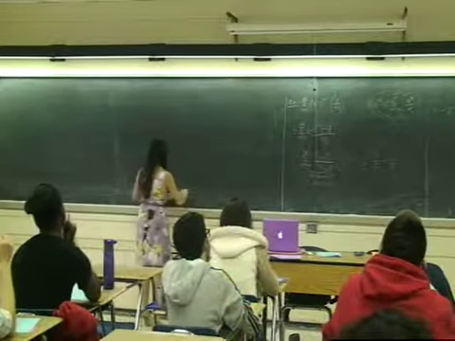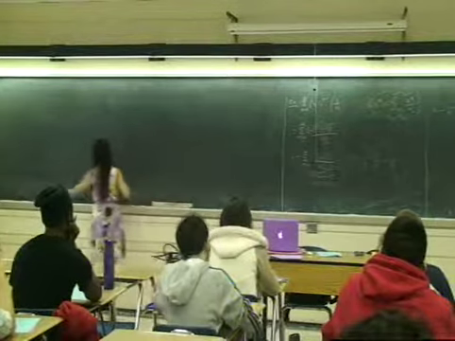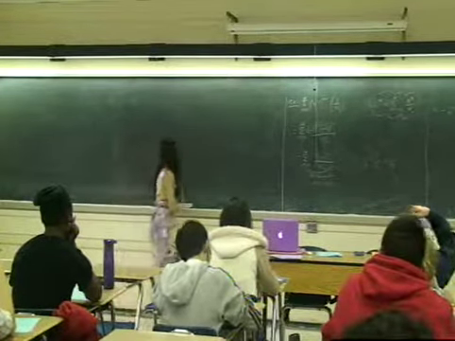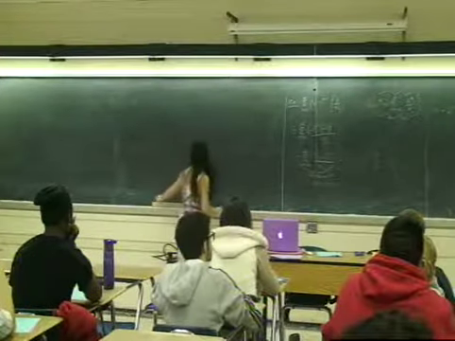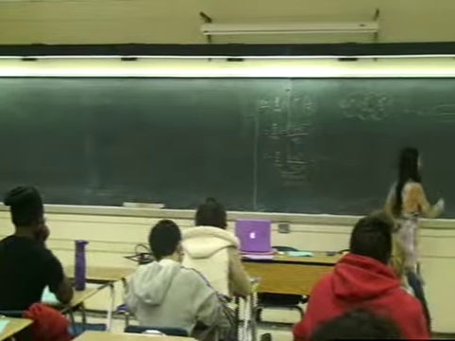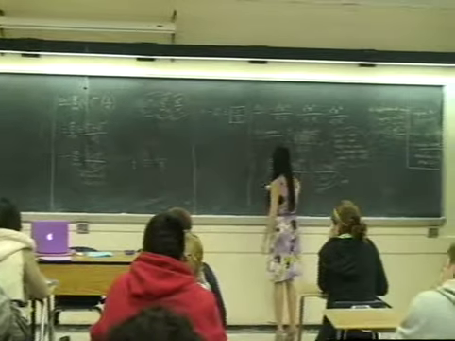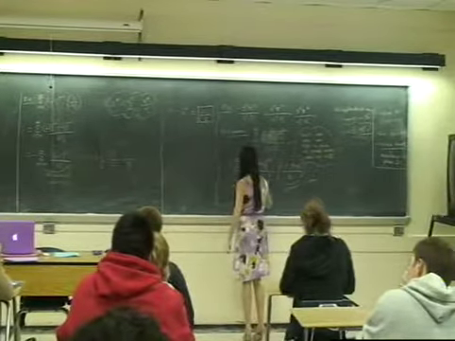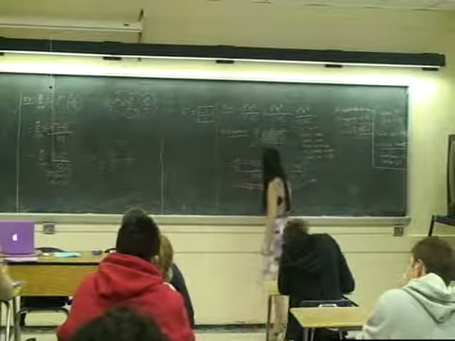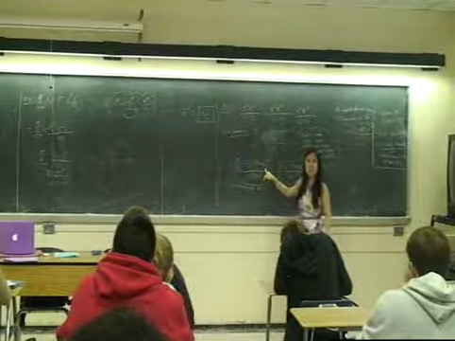So now I continue. So again, this one is in the form of cosine x, where x equals 3 pi over 4.